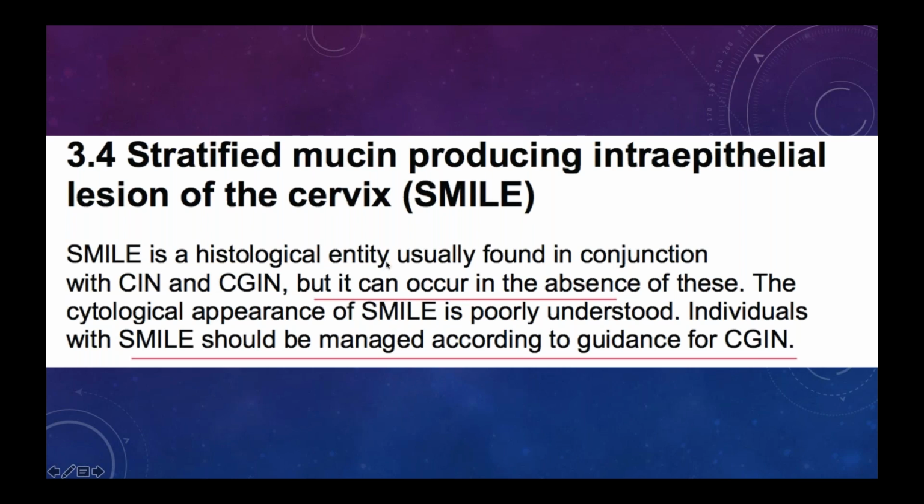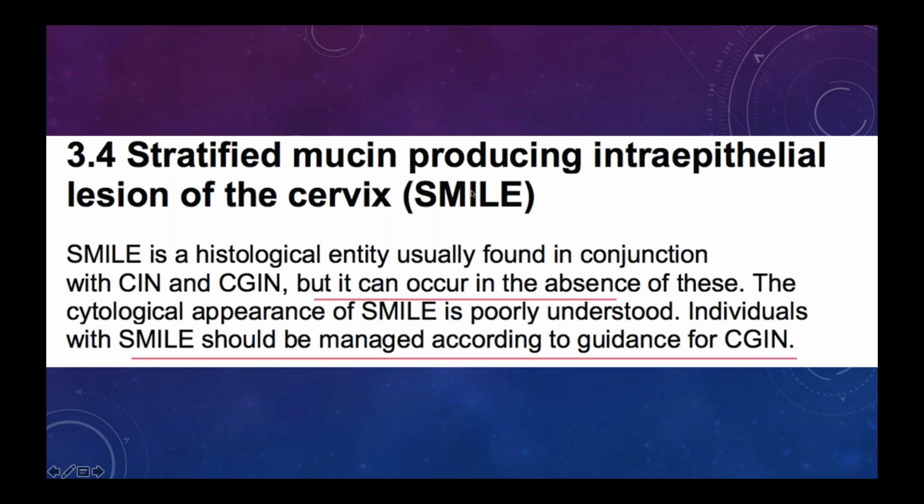It is a histological entity that is usually found in conjunction with CIN or CGIN. If in your histology report they have written SMILE, that is stratified mucin producing intraepithelial lesion of the cervix, the treatment line will be the same as CIN or CGIN.